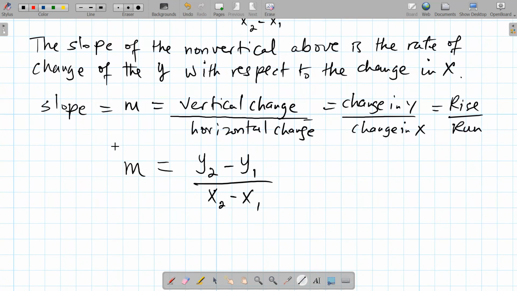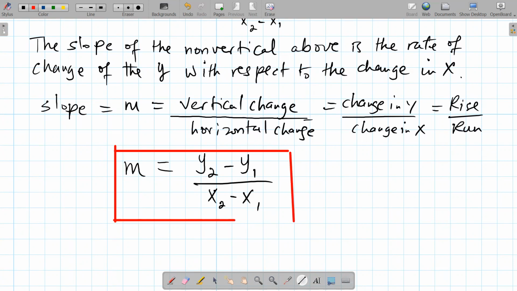This is the slope formula here. And here x2 should not be equal to x1, otherwise it will be undefined.